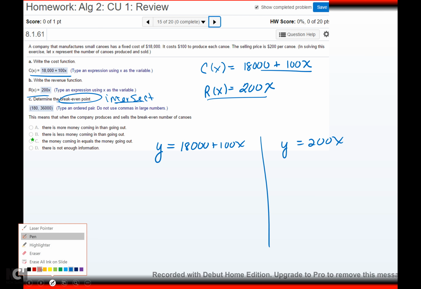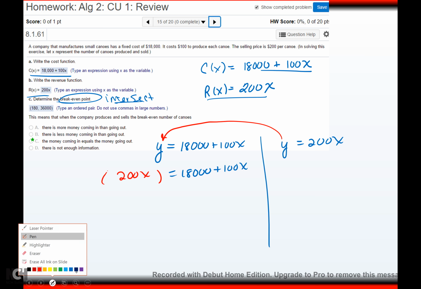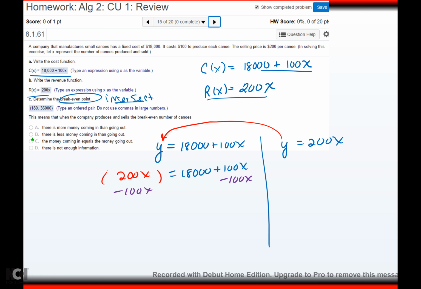I'm going to do substitution because I have two letters alone, actually. I'm going to plug this y in over here. So I'd have parentheses equals 18,000 plus 100x, and I'm plugging in 200x. So if I start solving this, I'm going to subtract 100x, subtract 100x.